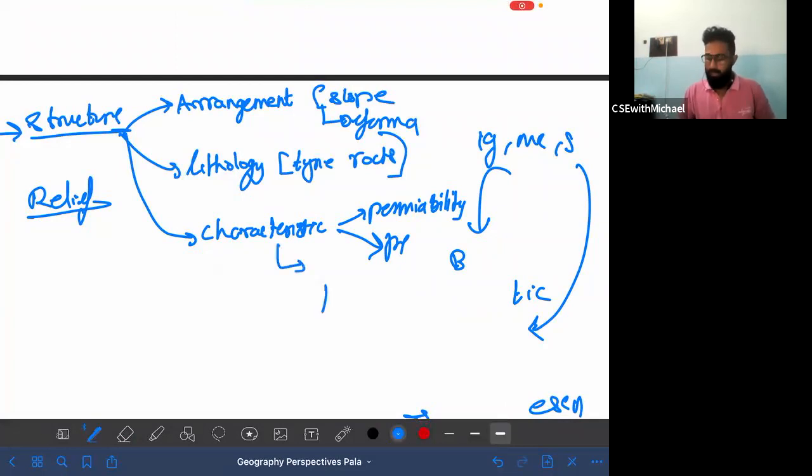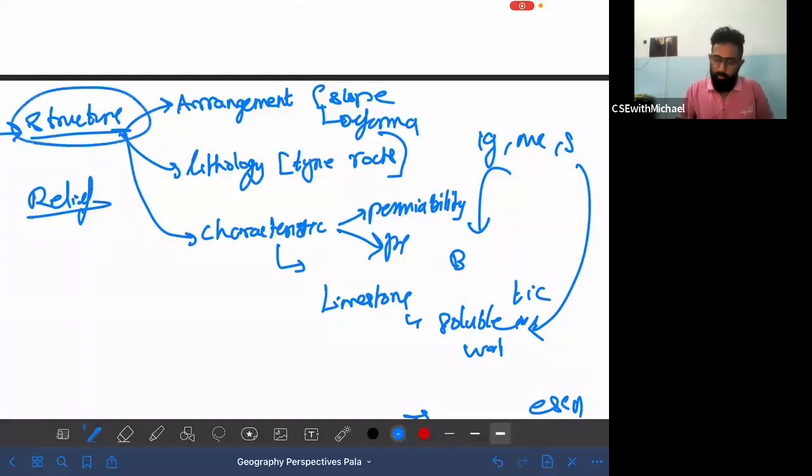So the best example is limestone. Limestone's characteristic is that it is soluble in water. So sinkholes will form, underground cavern structures will form. So structure basically talks about the nature of rocks, and in fact rocks are the ones that build the particular landform.